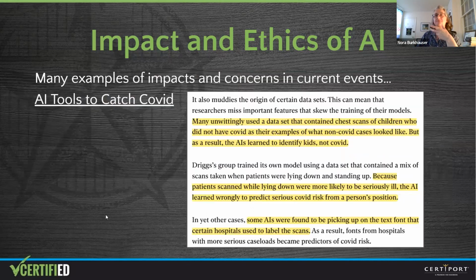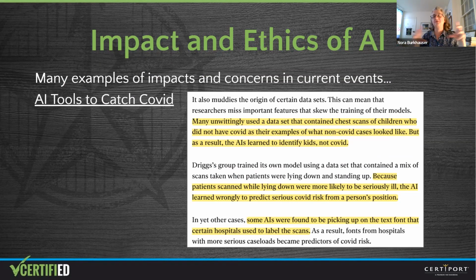I had very recently done a search online when I was teaching my kids, and we have a unit on ethics. You can find things in the news today about what somebody's doing within an AI. COVID, obviously, there's a lot of stuff out there. There were a lot of ways people were trying to use AI to improve things in regards to COVID, and there were a lot of issues associated with it.